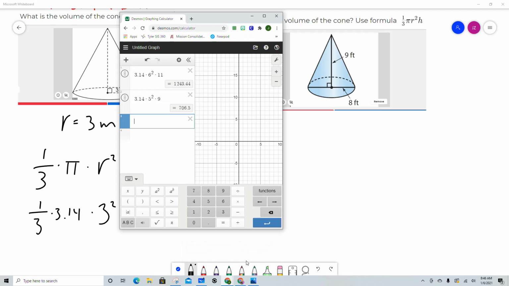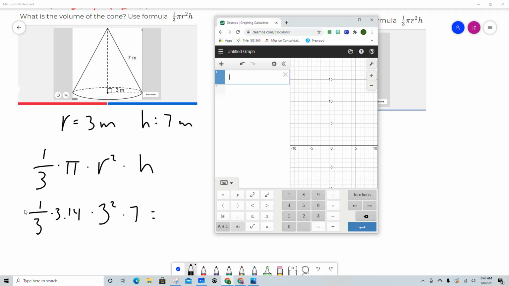Now the tricky part that some students will forget, maybe you're having an issue with this: how do I get the 1/3 on the calculator? 1/3 is basically a division problem. So you have to do 1 divided by 3 and we get our fraction. But if you notice, there's a blinking in the denominator section.